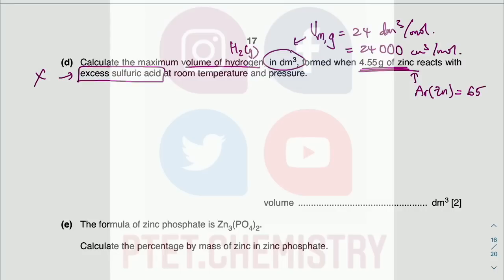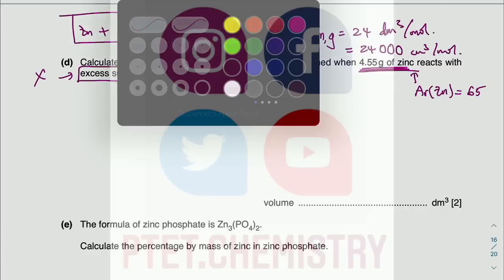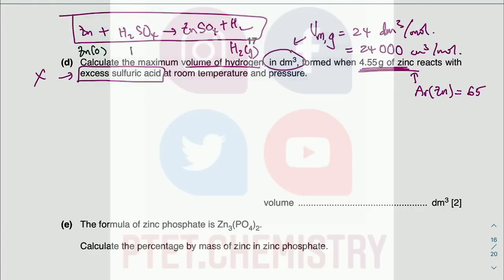So what I'm going to do now is compare. Actually, I'm going to write the equation because it's quite easy. Zinc plus sulfuric acid gives zinc sulfate plus H2. This is a redox. Hydrogen is plus 1. I will very quickly go through this because we already went through it in the earlier part of the question.